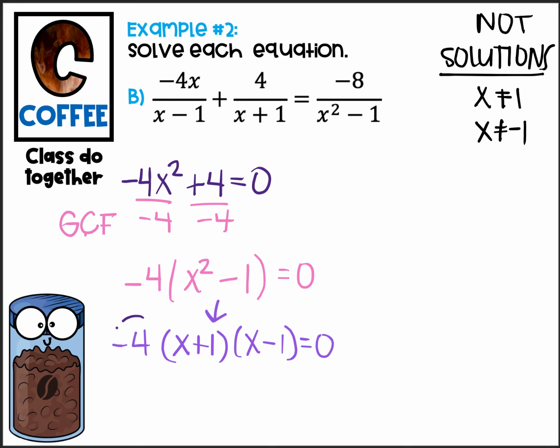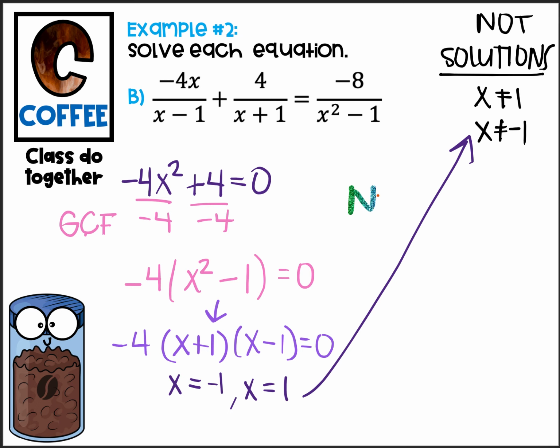Because this is a number, when you set it equal to 0, negative 4 equals 0 cannot happen. They're not the same. 0 is not the same as negative 4. So this is not part of my solutions. I'll have x is equal to negative 1 and x is equal to positive 1, which both are part of my not solutions. So there's no solution.